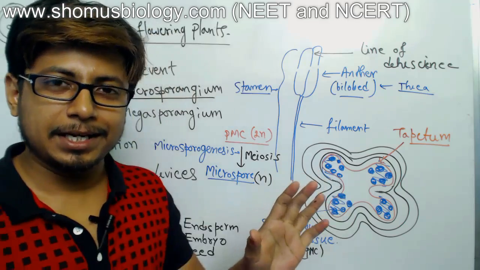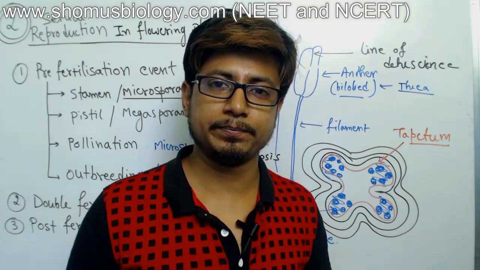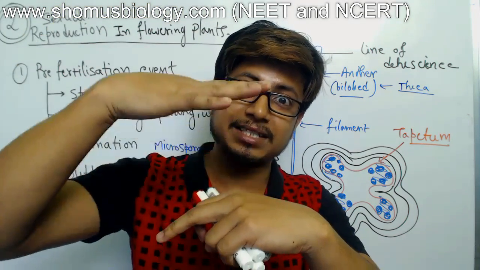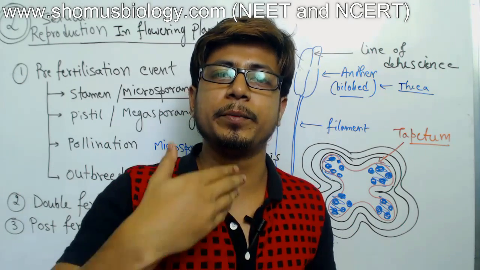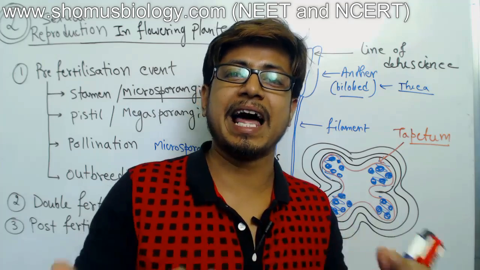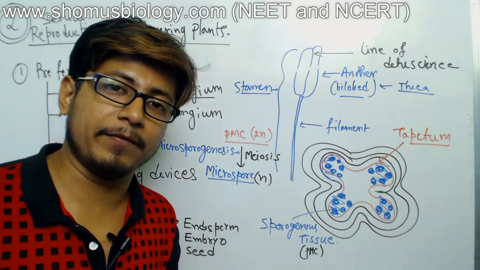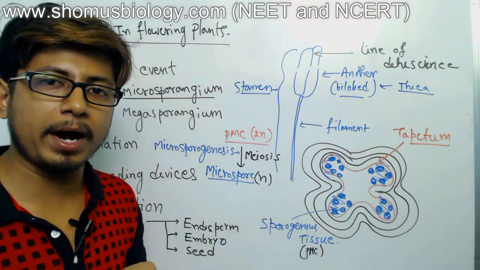Because in plants, the idea is to release the spores outside into the air. And you know, many times the spore needs to land on the stigma of the female part of the flower. For that they need to be dry, they need to be very lightweight. So most of them are lightweight, but they need to be dry to become very lightweight. So dehydration of these microspores is required.